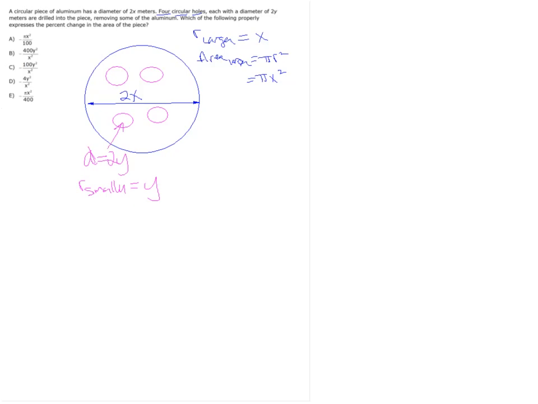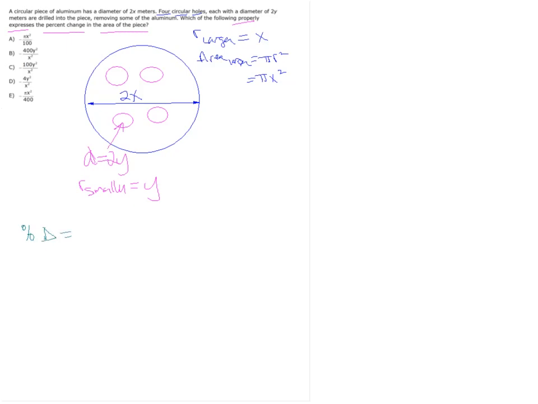So we're removing those 4 circular holes, and we want to know which of the following properly expresses the percent change of the area of the piece. To do this, we have to be familiar with percent change. It's a really simple equation, and the triangle means change in.